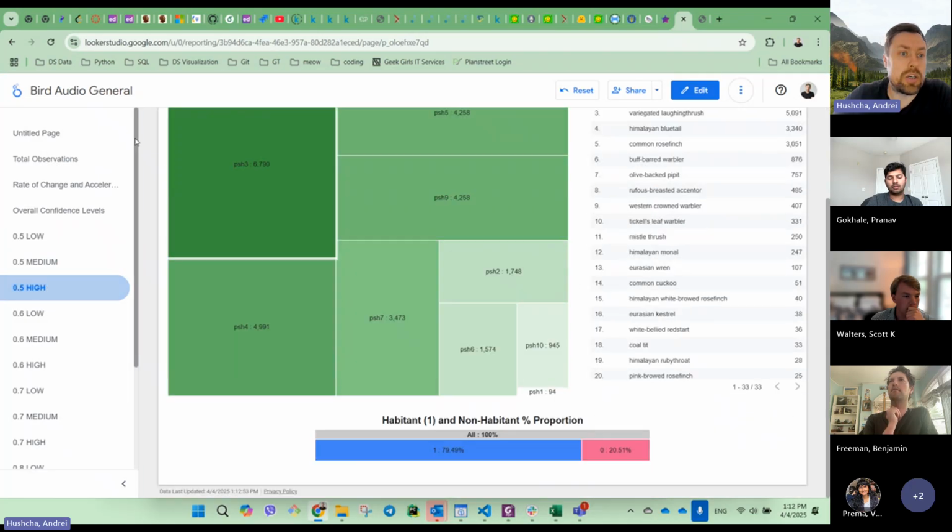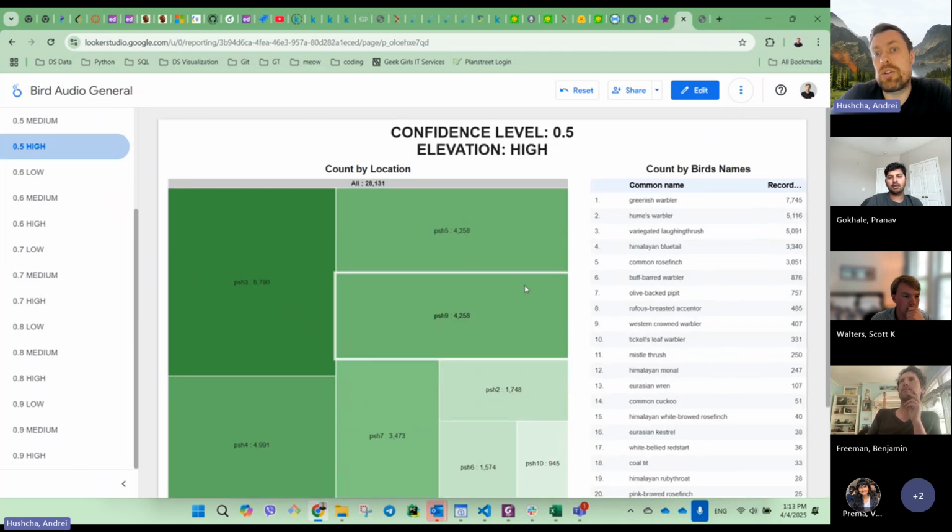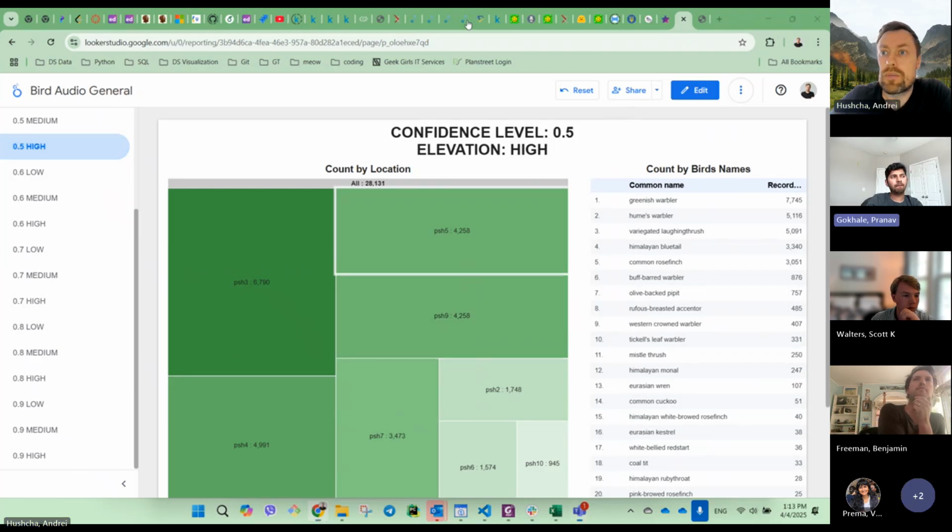So we just go through all these confidence levels and try to see the whole situation. That was the main point of this dashboard, to show you what's going on. And Pranav, you asked us to provide some data, what's going on at a specific location at a specific confidence level.